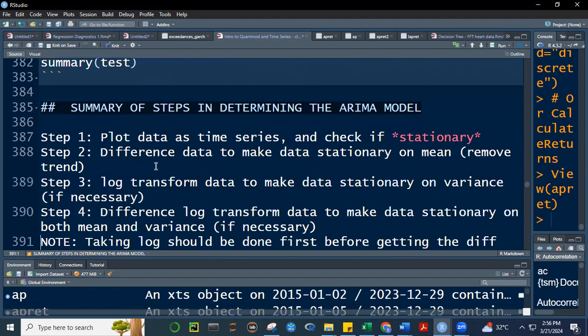So what have we done so far? Of course, step one is loading the data, and then doing some descriptive analytics about the data, and check the data if it's stationary or not. So what we did last time was the data that we were using is initially it was AppleRet.